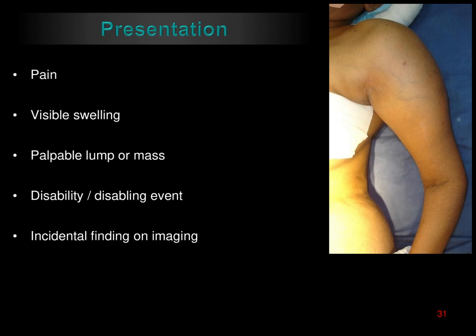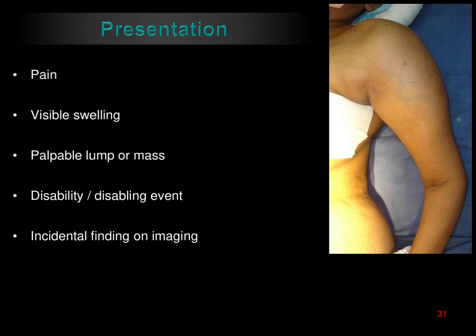The most common presenting complaints of bone tumor patients are pain and swelling. This swelling may be either a visible swelling or it may only be palpable swelling. Some patients may present with some form of disability, that is, they have a limp or they have some difficulty in performing certain functions, and that could be because of pain or due to mechanical obstruction of their range of movement.